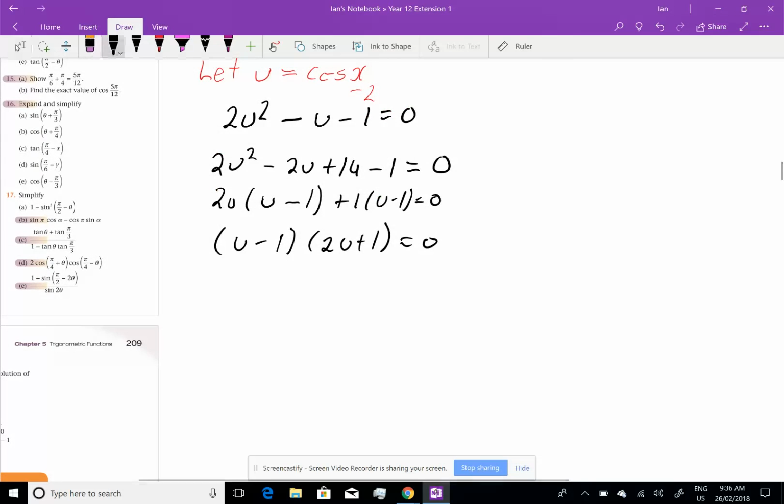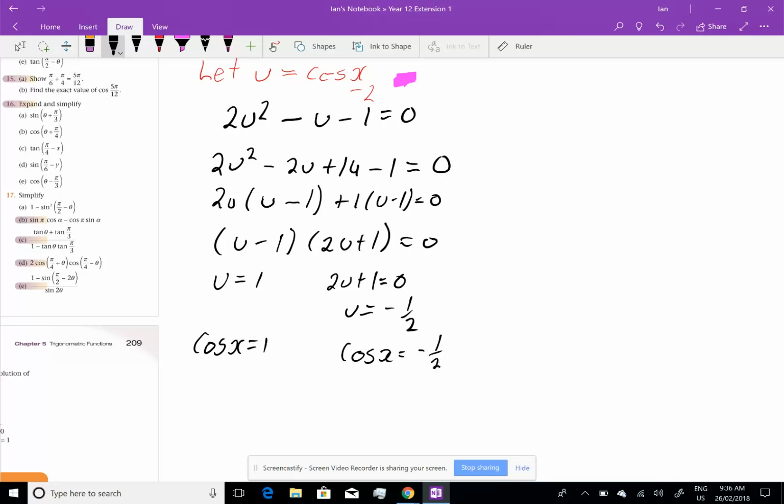So that means u equals 1, or 2u plus 1 equals 0, which means u equals negative a half. Let's put back what we substituted, which is up here, and that gives us cos x equals 1, or cos x equals minus a half.